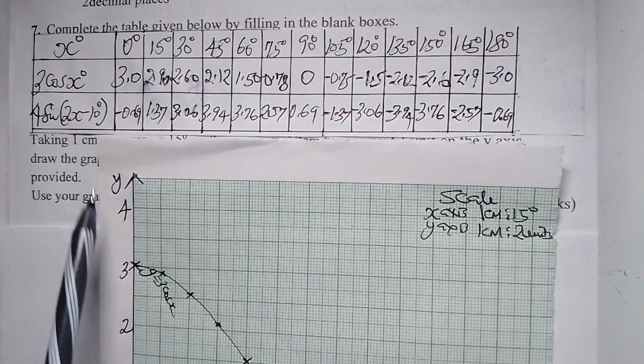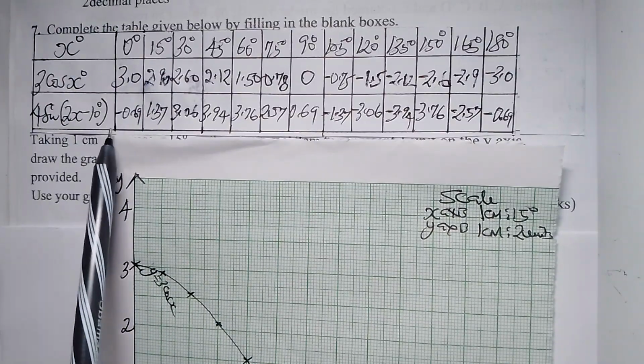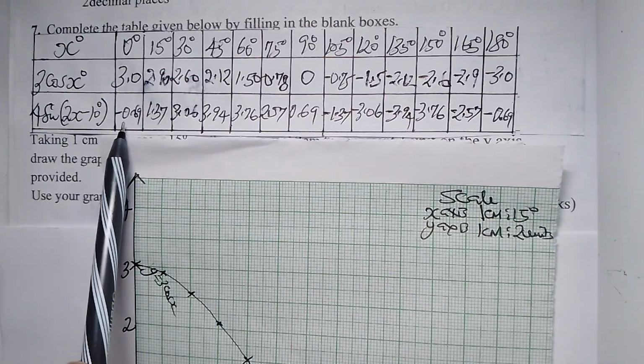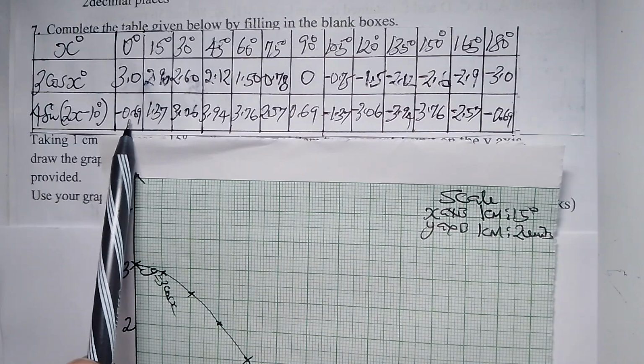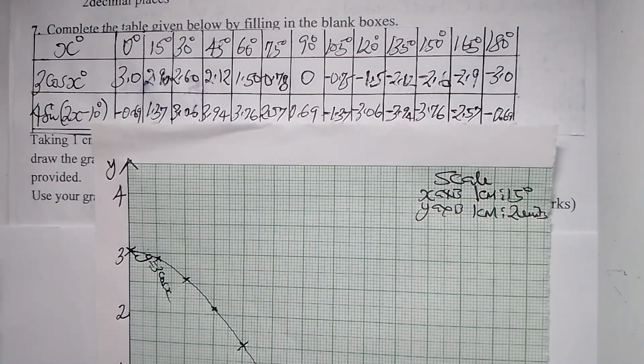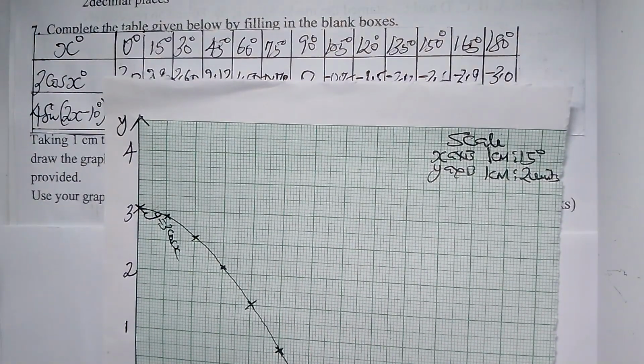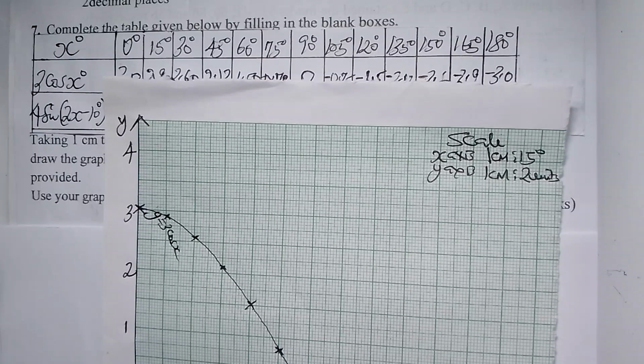The second function, when x is 0, y is negative 0.69, approximately negative 0.7.